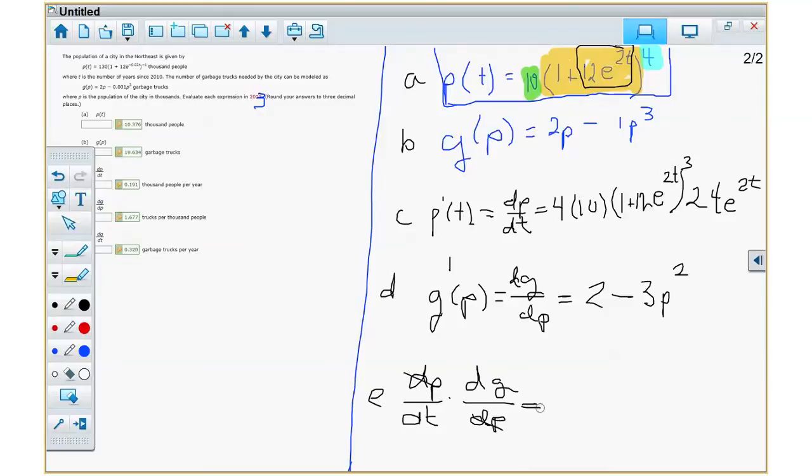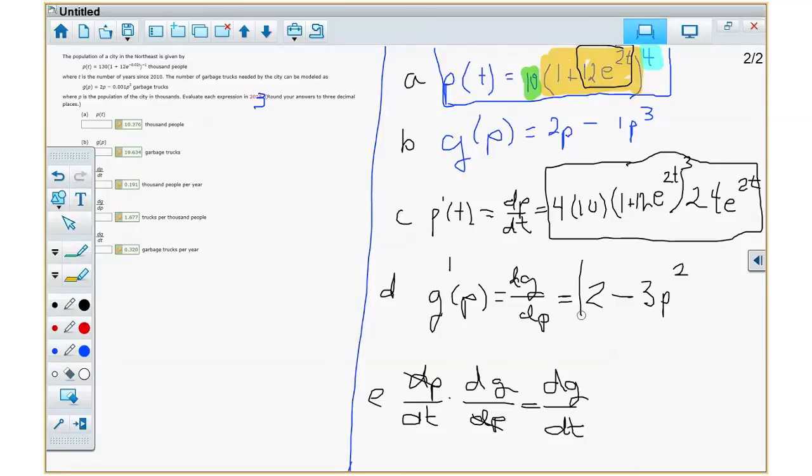You're left with the derivative of g with respect to t, which they're going to ask for. So I multiply these two together. So E would be taking this equation and this equation and putting them together, and that's this right here.